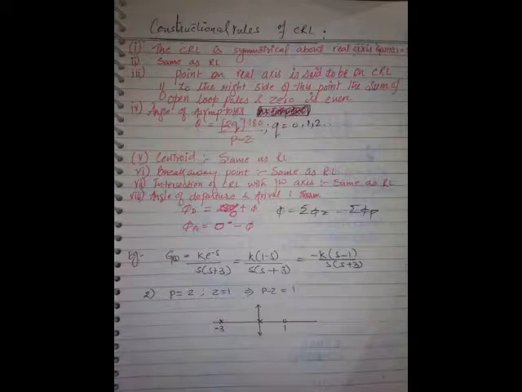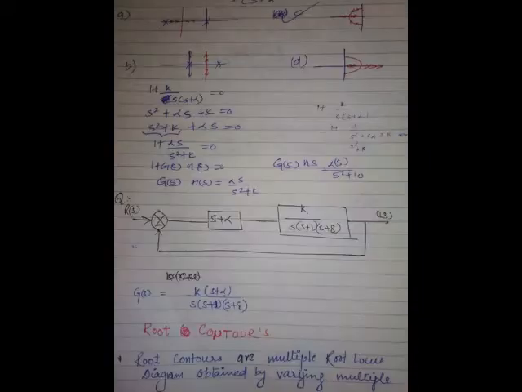So rule number 2, what is rule number 2? P is 2, Z is 1, P minus Z is 1. Rule number 3, which section of real axis is a part of CRL? We have a pole at origin, a pole at minus 3, and a zero at plus 1. A point on real axis is said to be on CRL if to the right side of this point the sum of poles and zeros is an even number.